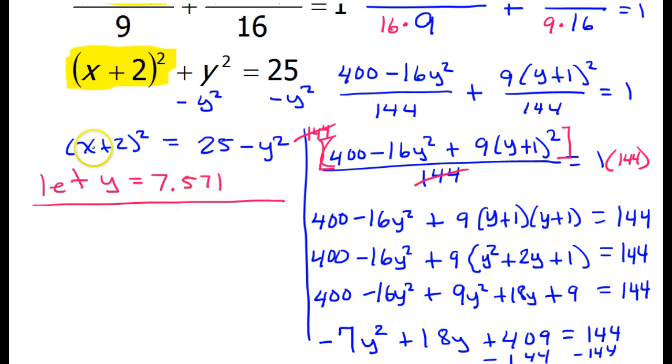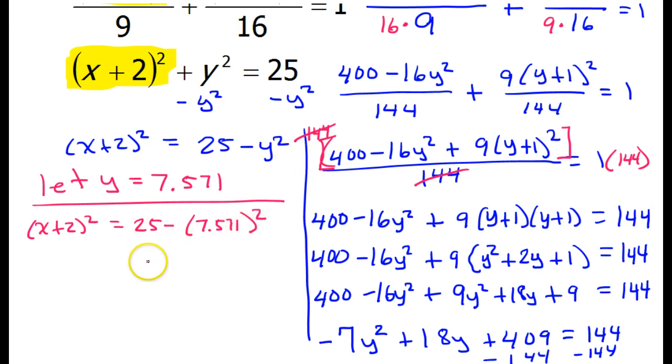So I'm going to take this expression, substitute this value in for y and see what I get for x. So I'm going to have x plus 2 squared is equal to 25 minus 7.571 squared.